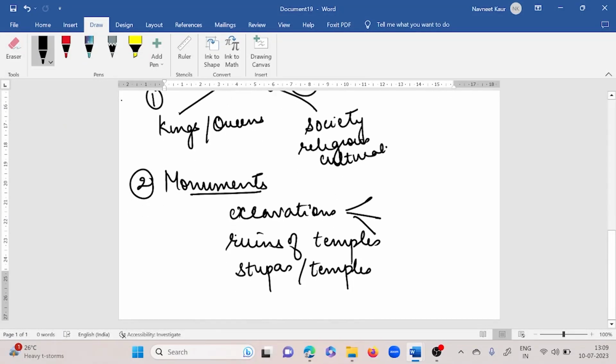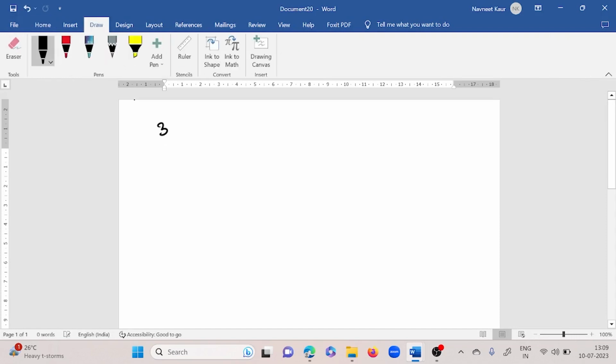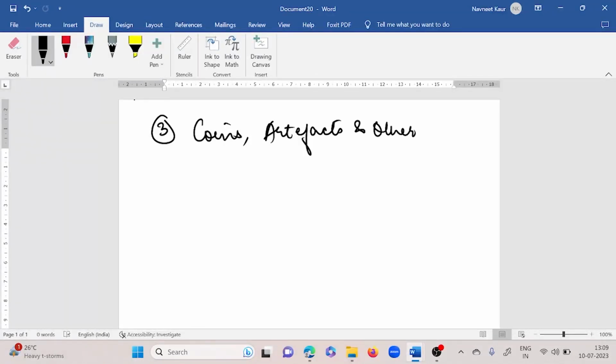The third thing in the archaeological sources was coins, artifacts, and other objects. In the coins section, we studied that the study of coins is known as numismatics.